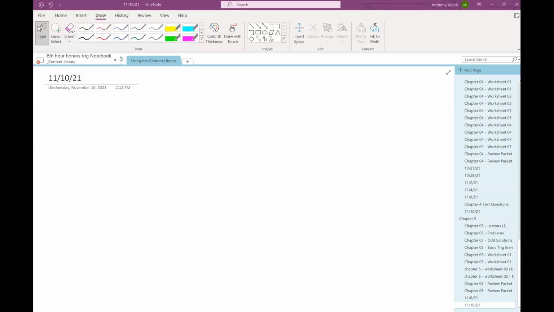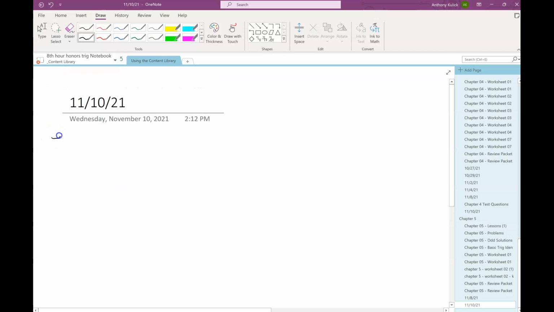Yesterday we talked about section 5.2. We talked about identities. What we're going to do in section 5.2 today is talk about solving. And this is going to flow right nicely from what we had been talking about in chapter 4.